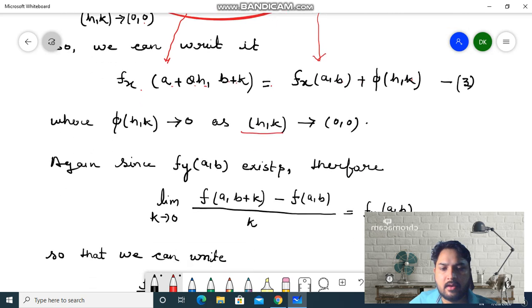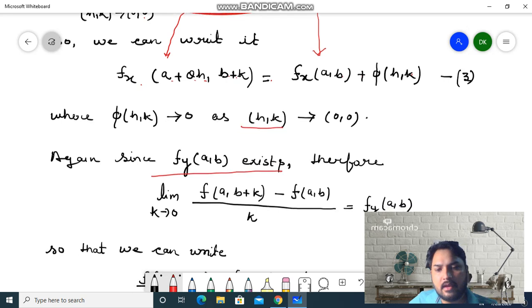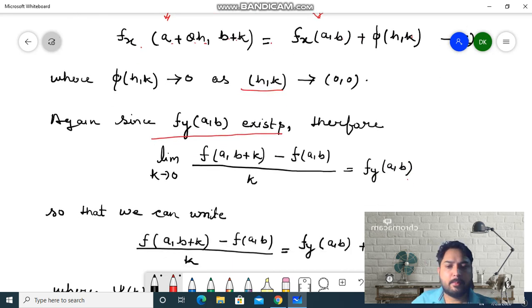Again, since from the second condition fy(a, b) exists, by the definition of fy at (a, b), this will be equal to the limit as k tends to 0 of f(a, b plus k) minus f(a, b) upon k.